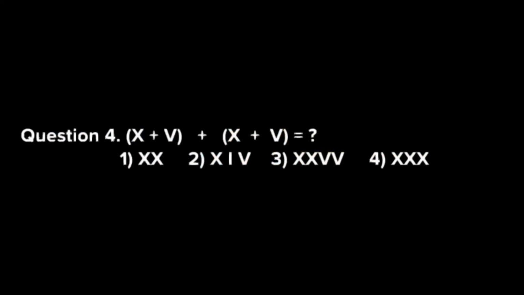Next. Question 4. X plus V plus X plus V equals: 1: XX, 2: XIV, 3: XXVV, 4: XXX.